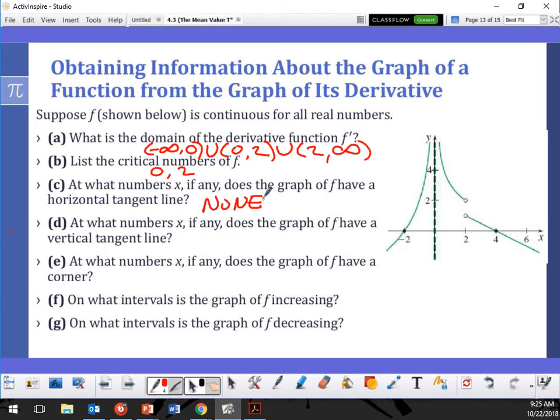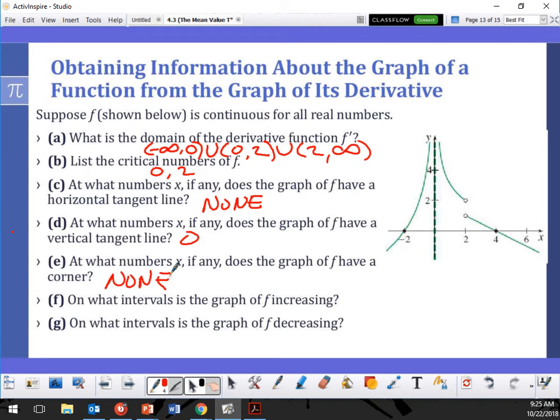At some point, the slope is going to be 0, right? Even though it's going to be right up to there, right? So that would be 0. At what number x, if any, does a graph have a corner? Is there any corners? Any place that I can't take the derivative because it changes the slope? Goes negative, positive? Nope. Okay, none.